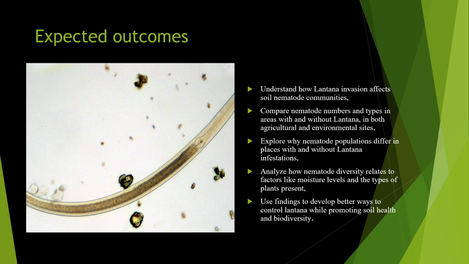Explore why nematode populations differ in places with and without lantana infestations. Analyze how nematode diversity relates to factors like moisture levels and the types of plants present. Use findings to develop better ways to control lantana while promoting soil health and biodiversity.